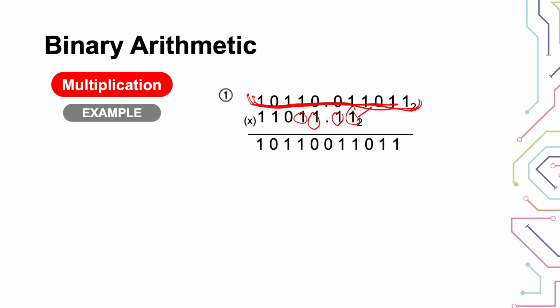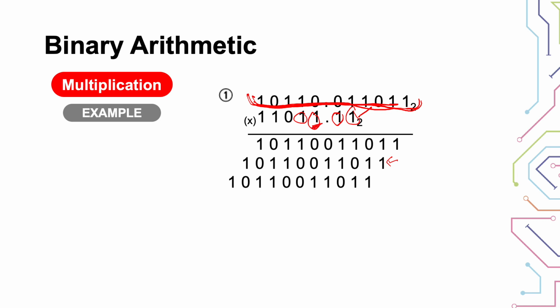So, this is first. Then second, move lang natin ng isang space kasi wala pang 0. Next, kasi ito na siya, nag-move pa rin tayo ng space. And then sunod is ito, nag-move na naman tayo ng space. Pag nagdaan na tayo sa 0, magsispace tayo ng dalawa.